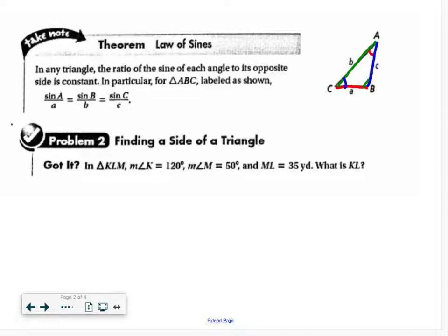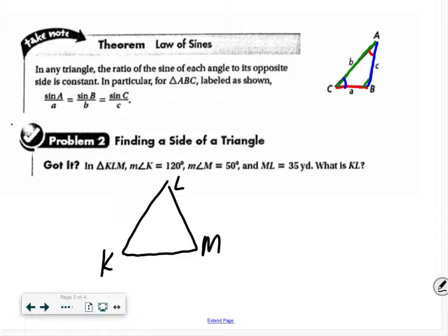Let's do an example. I have triangle KLM. Let's draw a triangle and label it KLM. Angle K is 120 degrees. Mine doesn't look like it, but it doesn't matter.